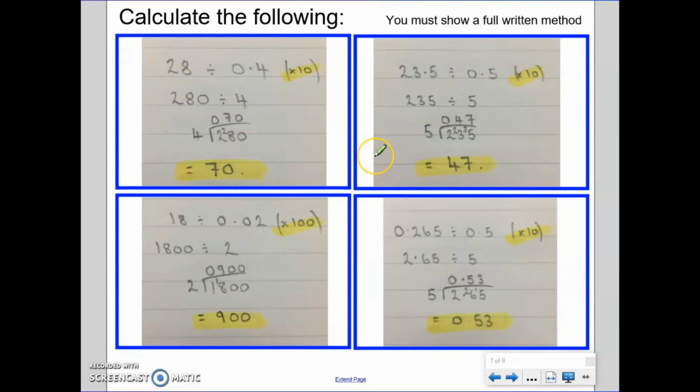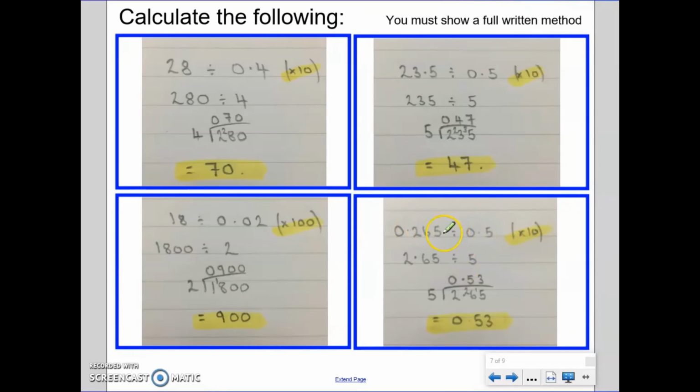So you can spend a little bit of time just marking and assessing your answers. And if you have made any little errors, you could go ahead and correct them now. If we look at the last question, I've gone ahead and multiplied by 10 to make the 0.5 into a 5.